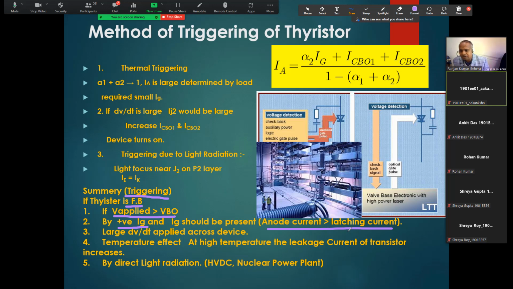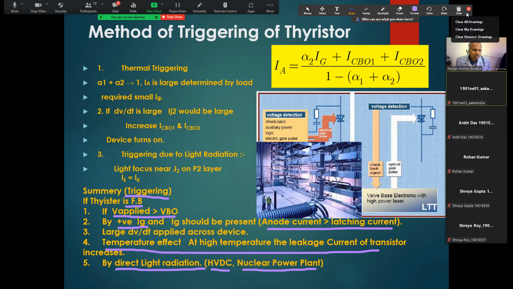Or the temperature effect, when there is a large leakage current, that will turn on the thyristor. Or by direct light radiation, like in high voltage DC and nuclear power plants. So these 5 methods of turning on are possible for a thyristor.